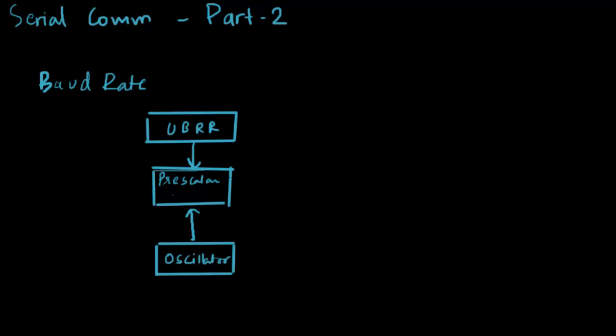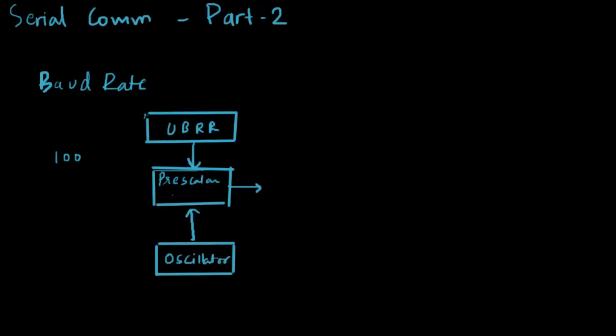Since it's a down counter, if we load a value in this UBRR register, it starts counting down. Say we load the value 100 in the UBRR, it keeps decrementing with the oscillator frequency. So it runs on the oscillator frequency.